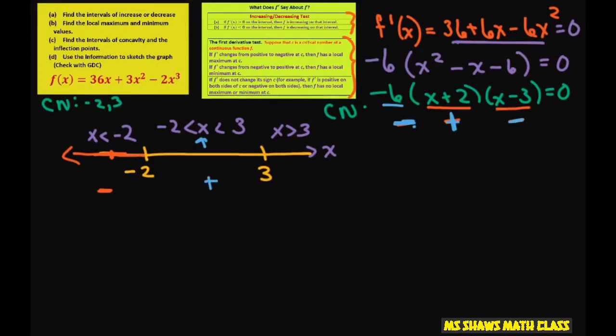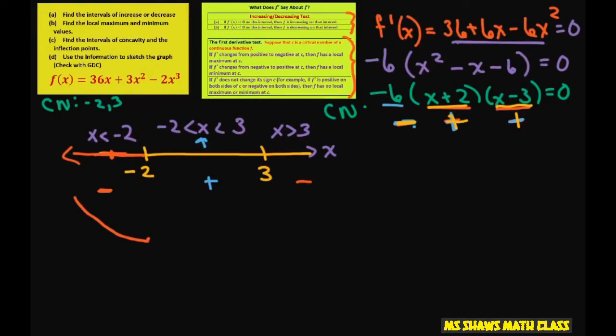And then the last one, let's plug in 4. I have a negative. If I plug in 4 into this, I get positive. Plug in 4 in here, I get positive. So we get negative times a positive is negative. So basically, our interval from negative infinity to negative 2 is decreasing.